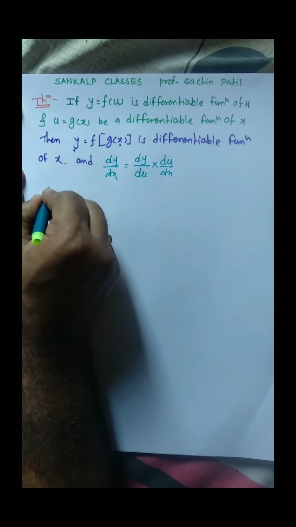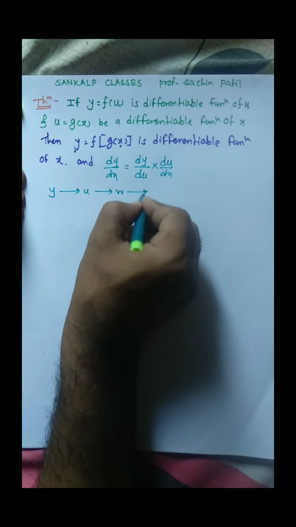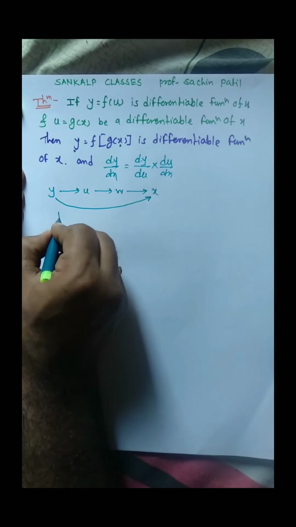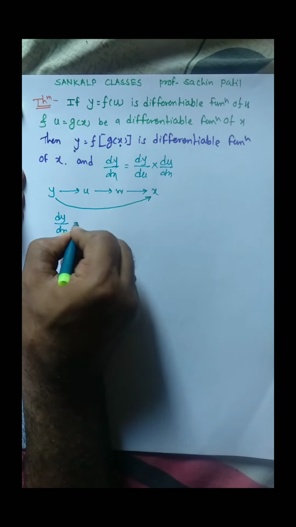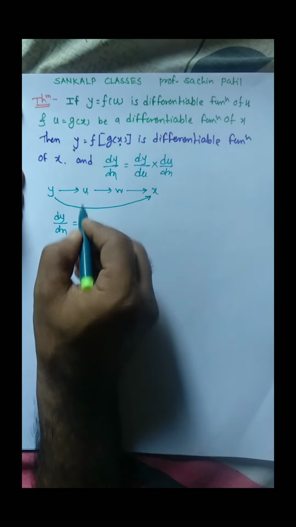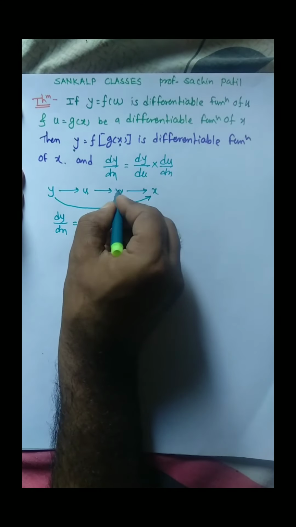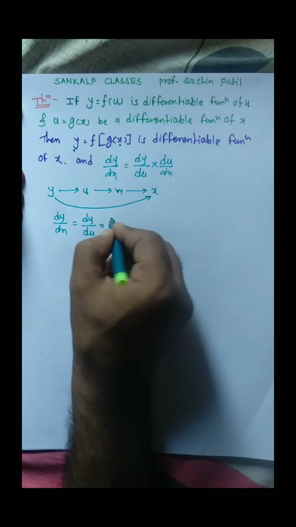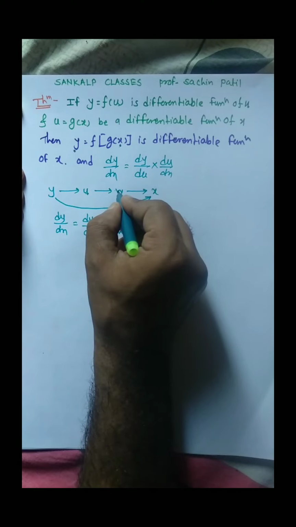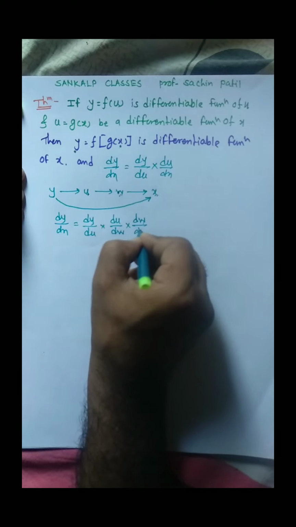Similarly, if y is the function of u, u is the function of w, w is the function of x, at that time y is indirectly a function of x, therefore the derivative dy by dx is equal to, first of all, y is the function of u, therefore the derivative of y with respect to u is dy by du, into u is the function of w, therefore the derivative of u with respect to w, that means du by dw, into w is the function of x, therefore the derivative of w with respect to x, dw by dx.